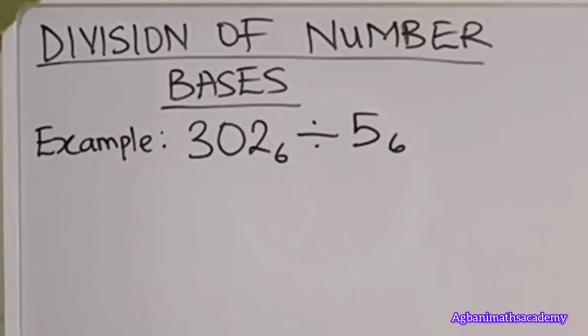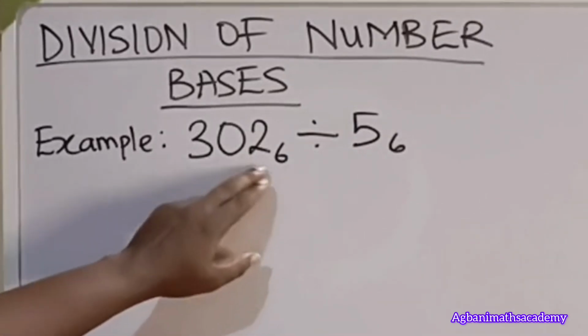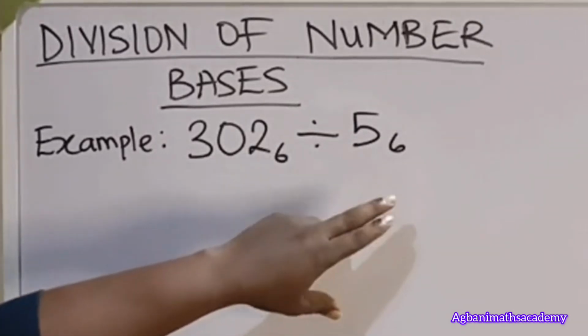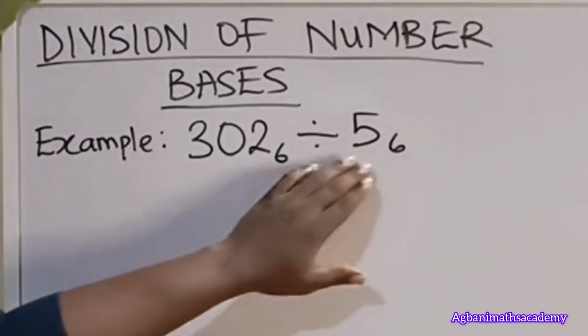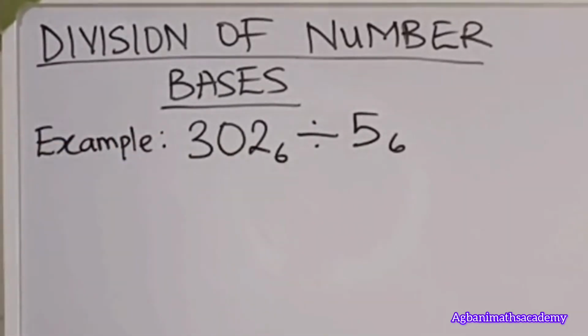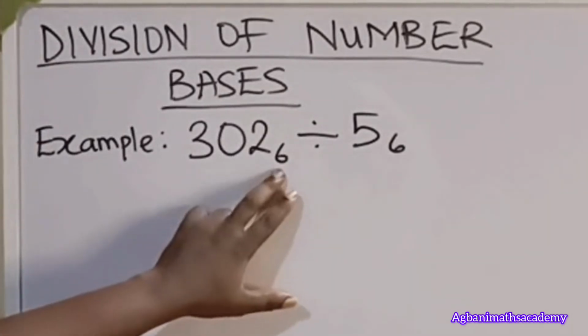We have 302 base 6 divided by 5 base 6. So the first thing we need to do is convert each of these values to base 10, divide them, and then we bring them back to the initial base they were, which is base 6.